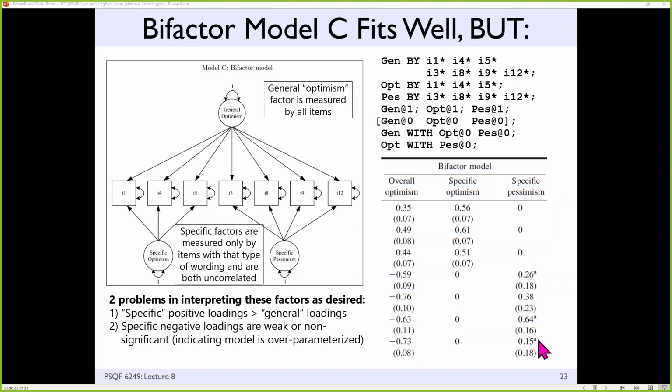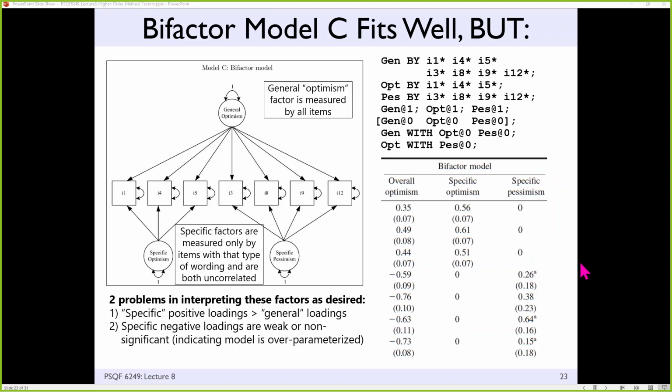So none of these are significant, and at least the factor loadings are bigger on the overall factor, but this is somewhat problematic. So if it were really just the fact that it were wording, you would not expect stronger loadings on that factor. It challenges the interpretation of what they're saying the bifactor model is. So when you're trying to fit these models, constraints are going to be essential for you to enforce the interpretation of what it is.